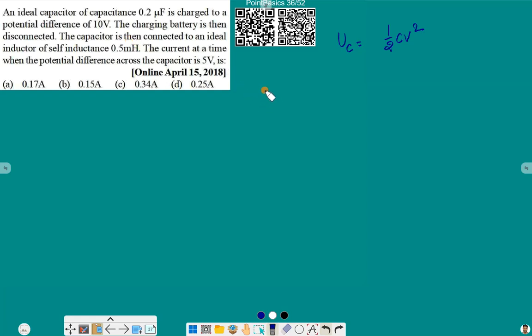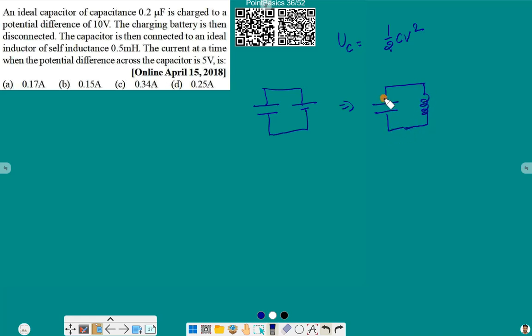Now when it is connected to an inductor of this value, there will be an exchange of current, so our final circuit will look something like this: we have a capacitor here. Initially it was connected to a battery, so it was charging, and after that the battery is disconnected and we have an inductor here.